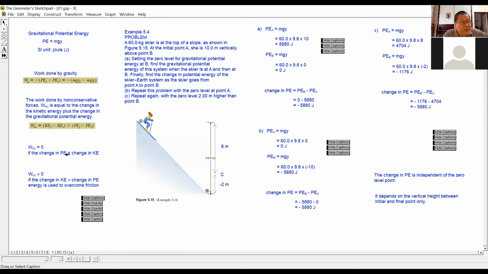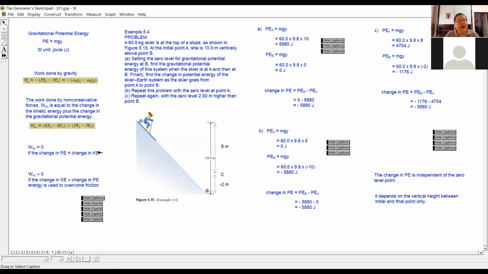Then the change in potential energy is actually the change in kinetic energy. How much is the loss in potential energy will be the gain in your kinetic energy. Or how much is the loss in kinetic energy will be the gain in potential energy.